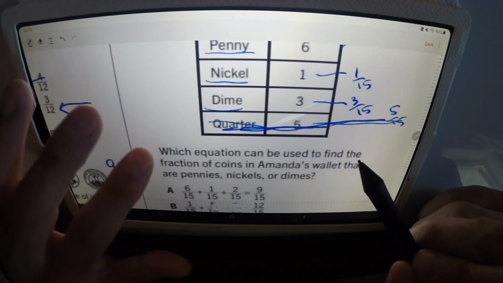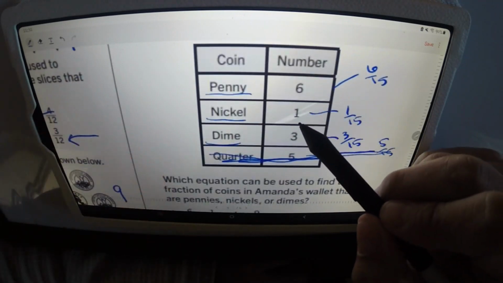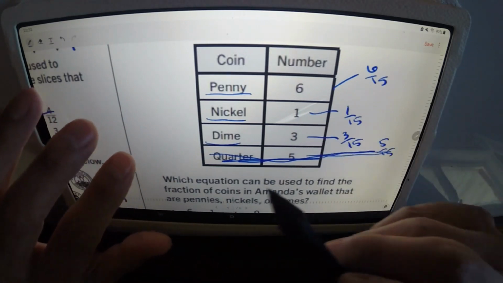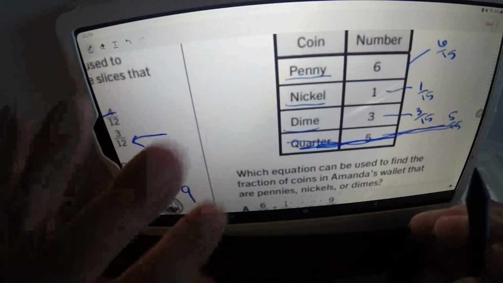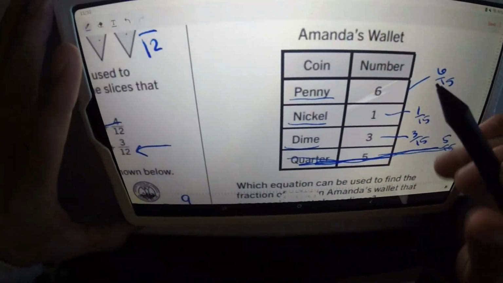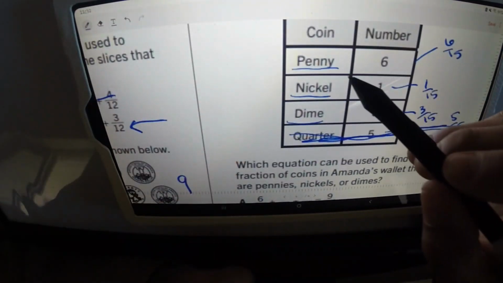And we want them to add up, right? Now, we know 6 plus 1 is 7, plus 3 is 10. So let's write out the equation. We want to know which of these are pennies, nickels, or dimes.